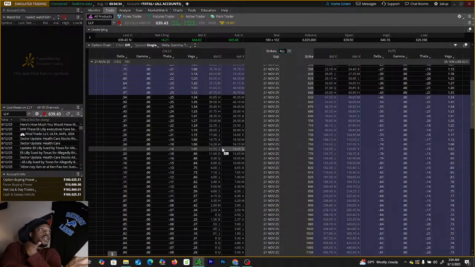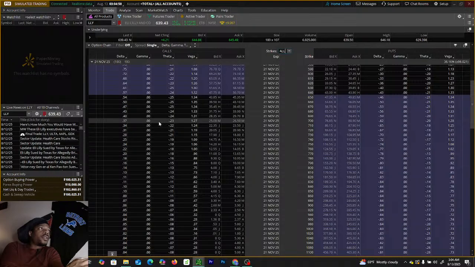So let's see. Where is the $700 call? Here we go. So it's going for about 25.50, so $2,550. It's $37 for a dollar move, and the theta is only 21.